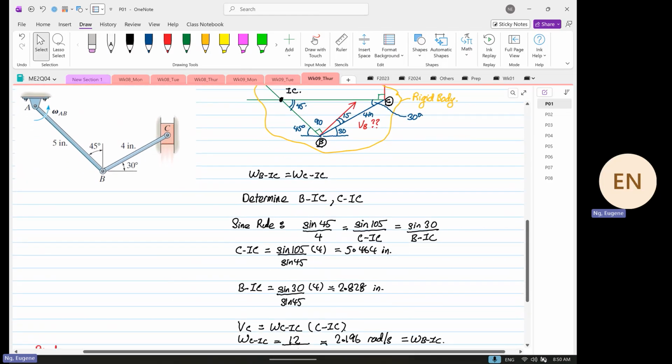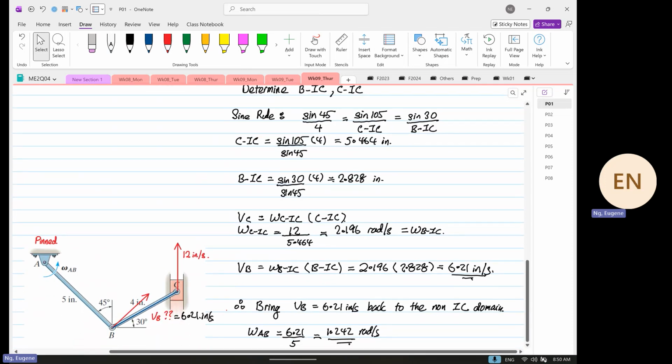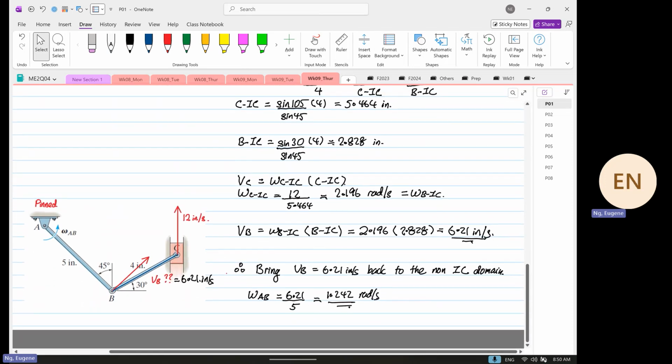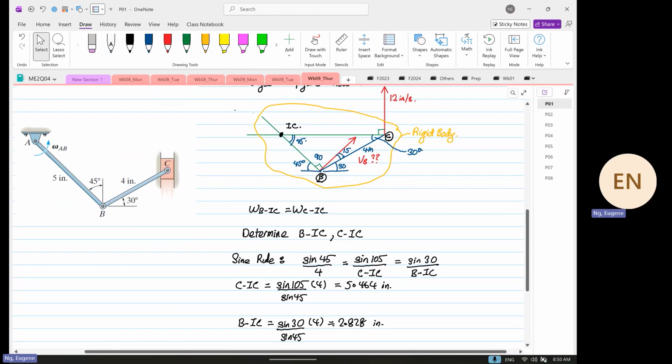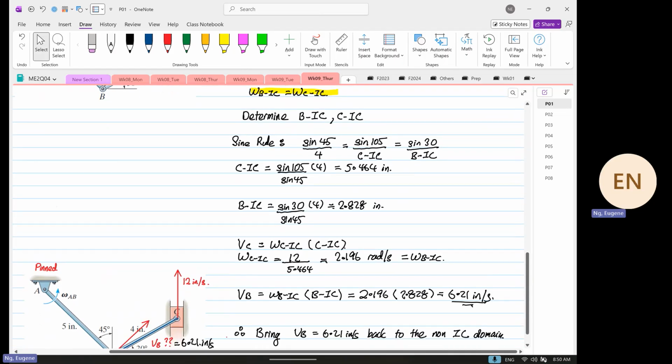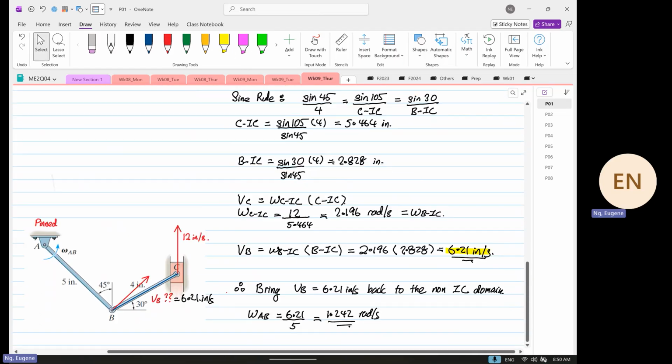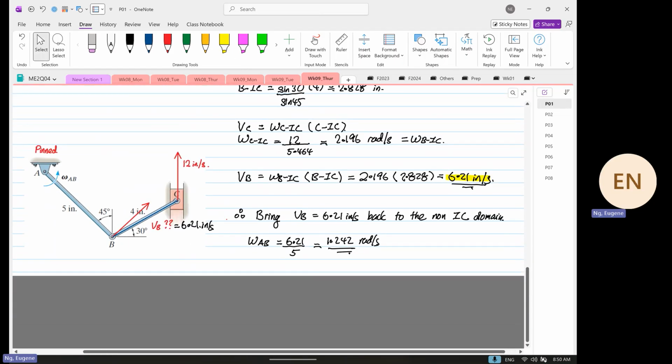Determine all your distances relative to the perpendicular distance relative to the instantaneous center. Then you have to know the rule that this is the so-called rigid body in the instantaneous center domain. Then you know that omega BIC is equal to omega CIC. Then you determine your velocity, and then you bring everything back in.